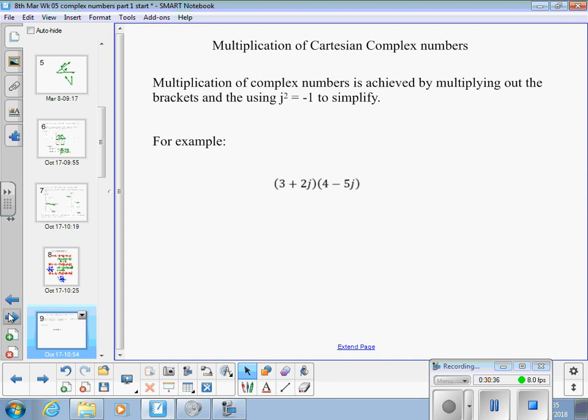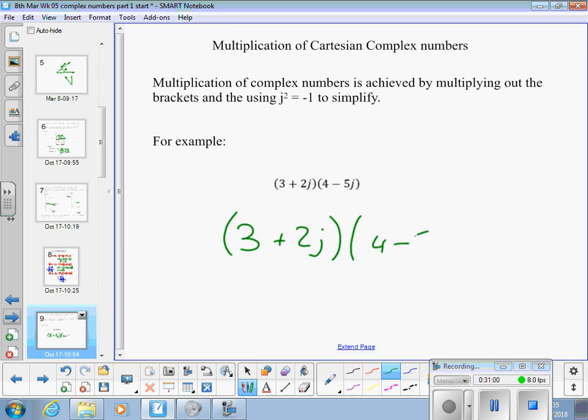Right. What we do is multiply out the brackets. So what's the method for multiplication? Well, if we're multiplying two bracketed terms together, I'm just going to write it out a bit bigger: 3 plus 2j times 4 minus 5j.